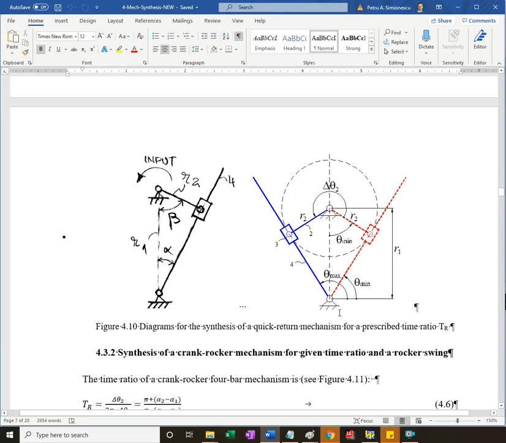We can take those equations and now go in reverse. If I want to impose the time ratio, what should be the ratio R1 over R2? Or if I want to impose the angle of swing, what should be R1 and R2? I cannot impose both time ratio and angle of swing because I'm limited. There's just one parameter to play with, that is R1 over R2.